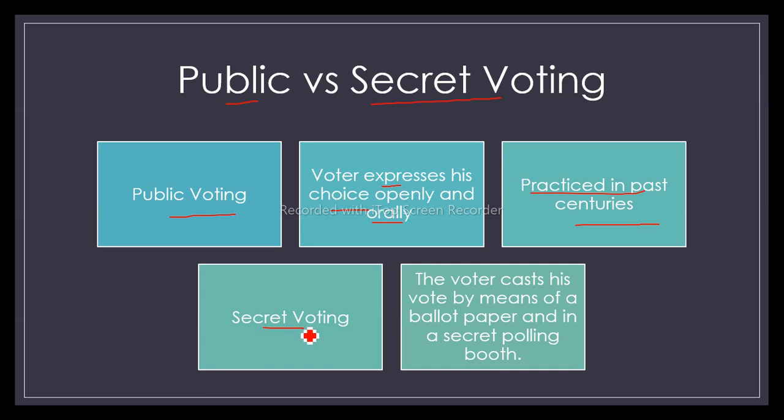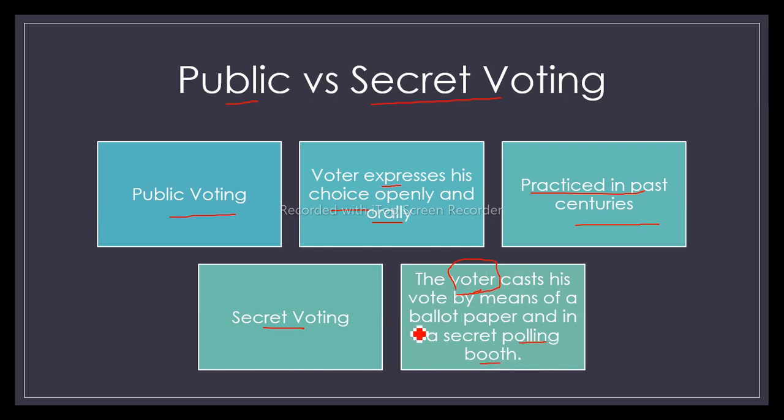Secret voting is where the voter casts his vote secretly. We are all aware that these days in all countries there is secret voting, where a voter who is eligible to vote by the franchise laws goes to the polling station, and there he goes to the polling booth.